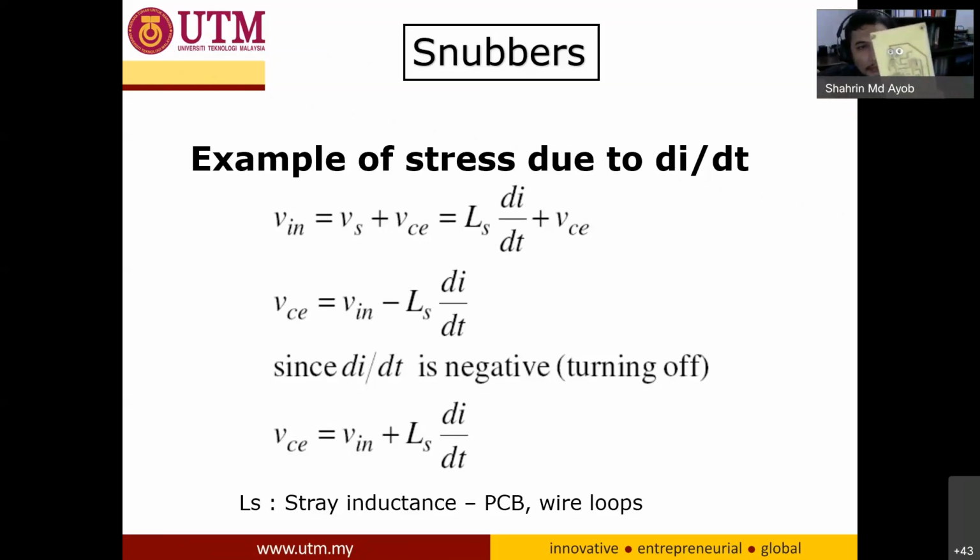That's why in some circuits, they place the transistors and all the components very near to each other, because they want to keep the current path as small as possible.